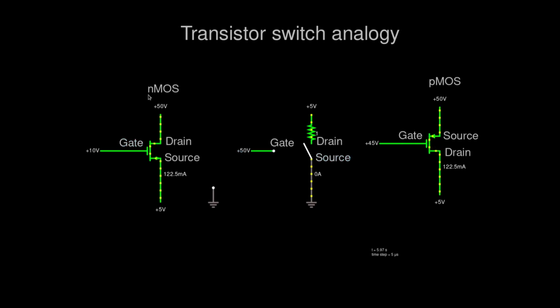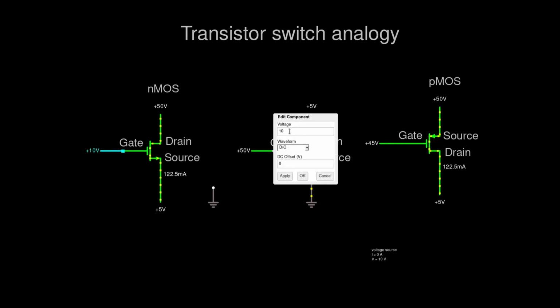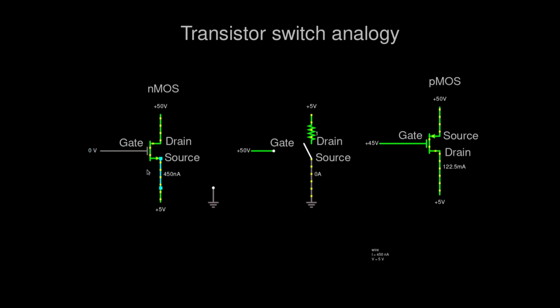The N-channel transistor, we could look at it as a normally open. If we don't apply any voltage, it is normally open. If we apply voltage, it is closed. It conducts. And the P-channel transistor is normally closed.